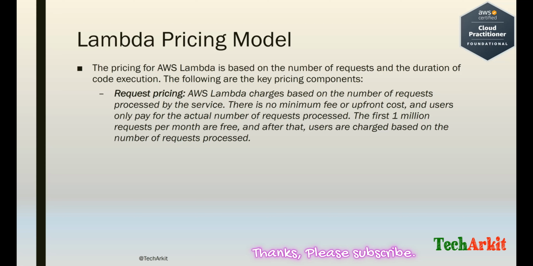AWS Lambda charges based on the number of requests processed by the service. There is no minimum fee or upfront cost, and users only pay for the actual number of requests processed. The first 1 million requests per month are free.